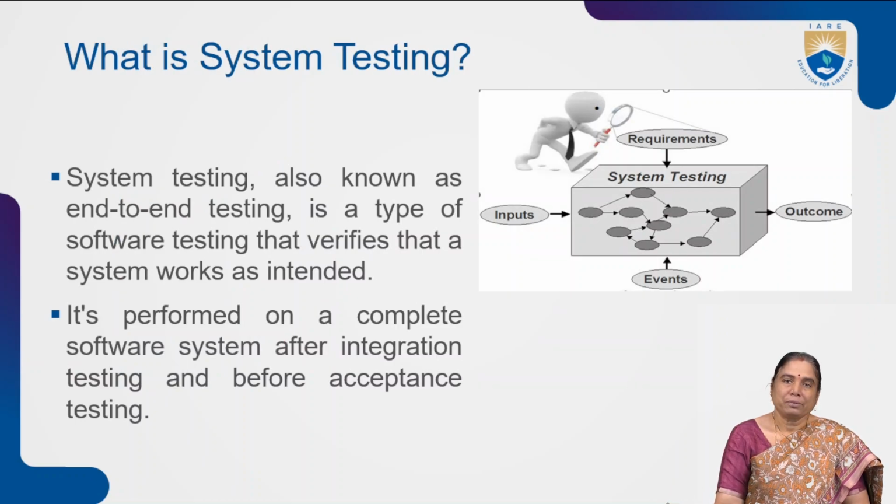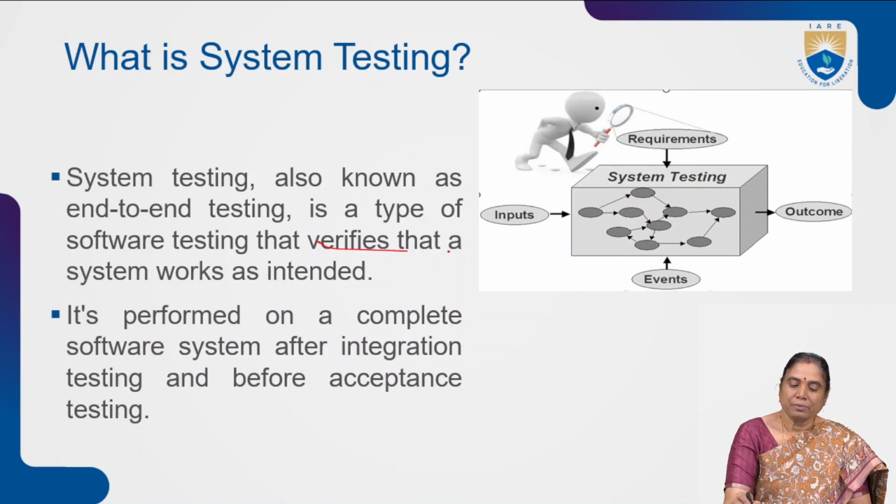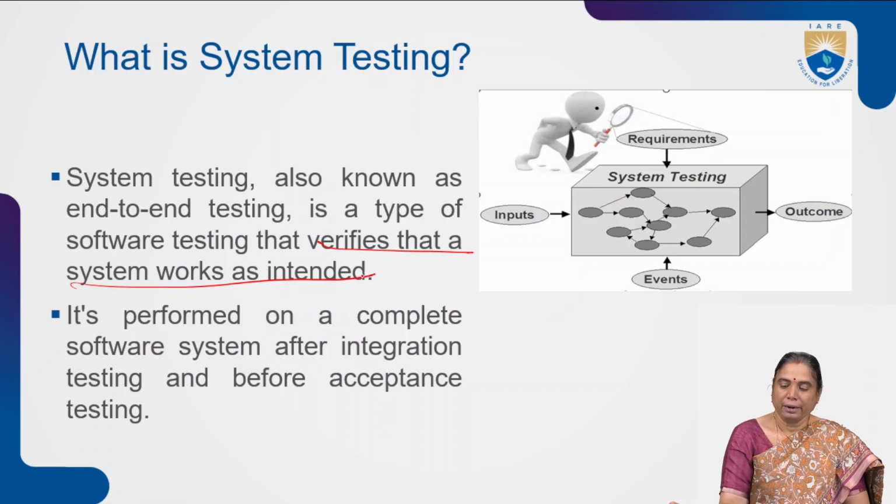What is system testing? System testing is also known as end-to-end testing. It is a type of software testing that verifies that the system works as intended.